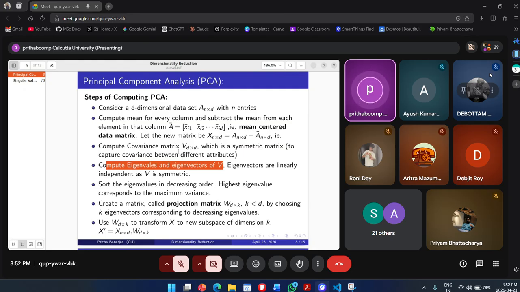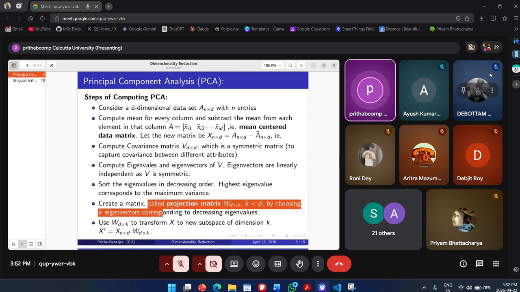Obviously, if you take all the principal components, it is simply the entire matrix again, so you don't really reduce the dimension. What I mean is, if you consider K to be the same as D, there is no reduction, but if you take K less than D, definitely you reduce the dimension. How many K you go to depends on your problem requirement. Okay.